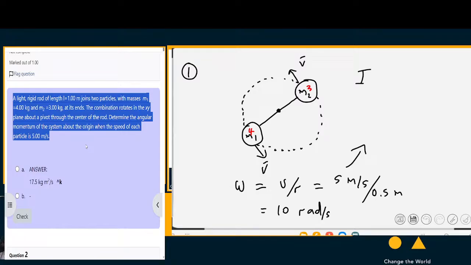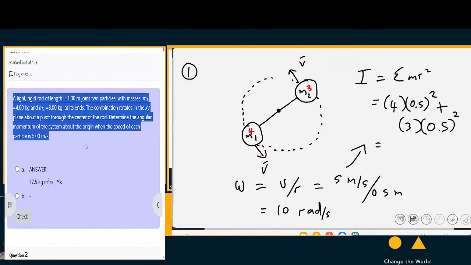So you know that the moment of inertia for any substance is the sum of the mass times r squared for all of them. Since there are only two particles in this system, we only have two. One has a mass of 4 kilograms and a radius of 0.5, which you square, and then you add the other, which has a mass of 3 kilograms and a radius also of 0.5, also squared.